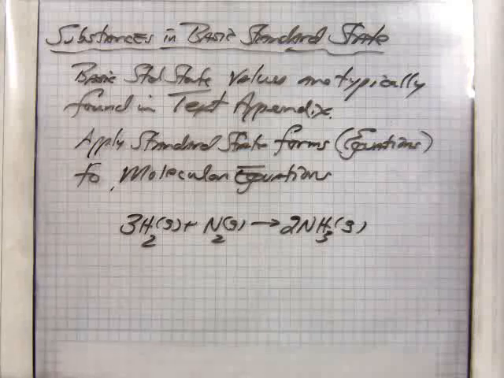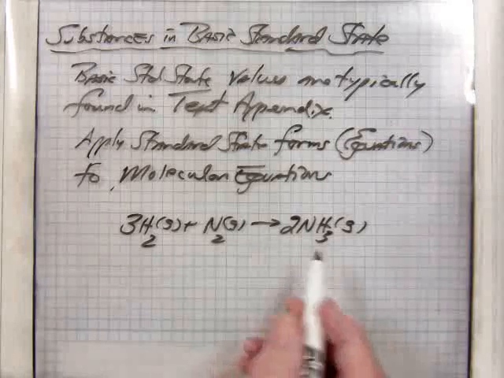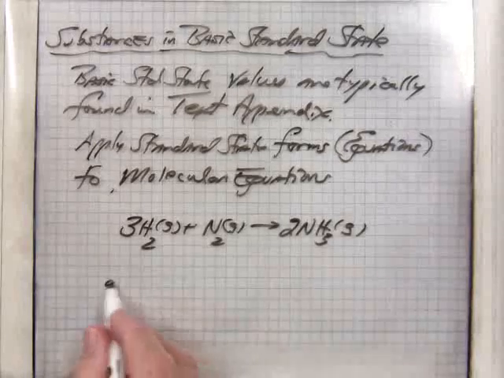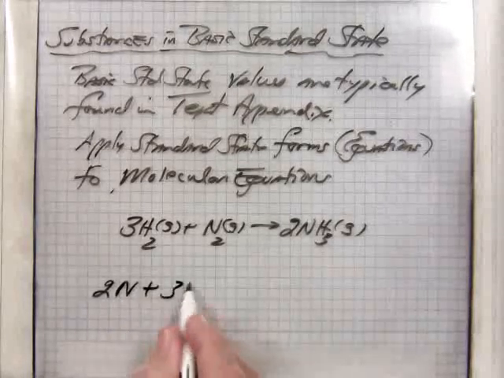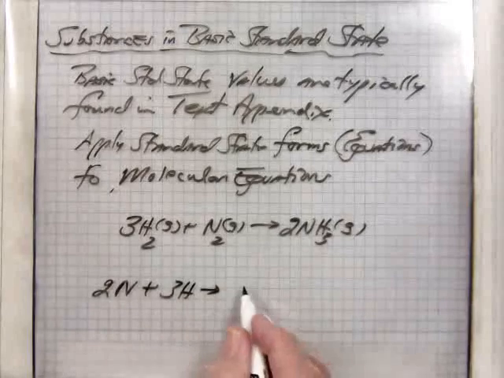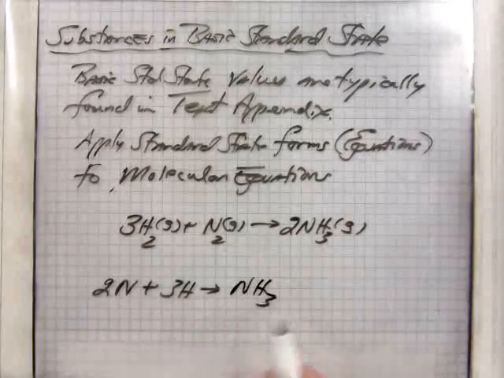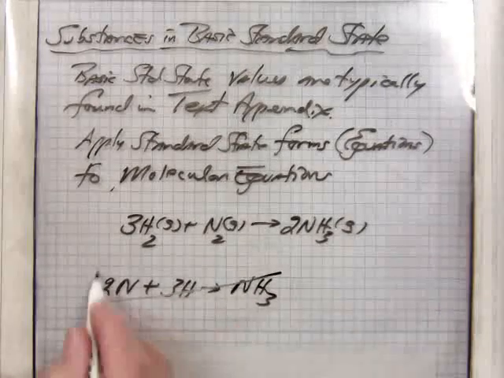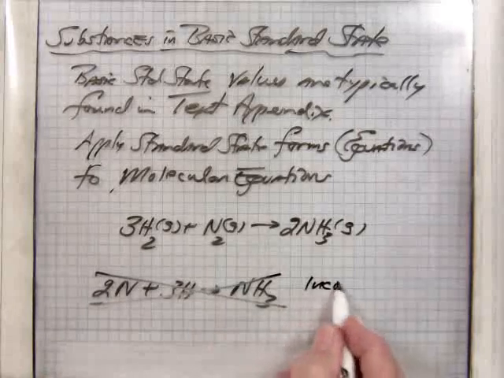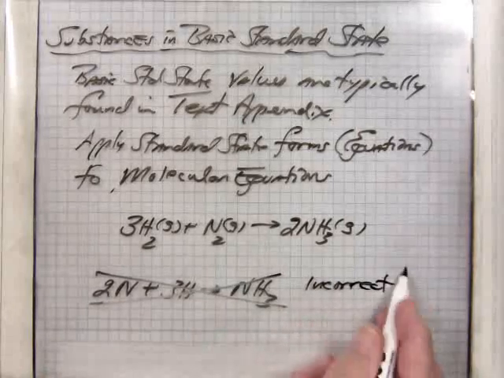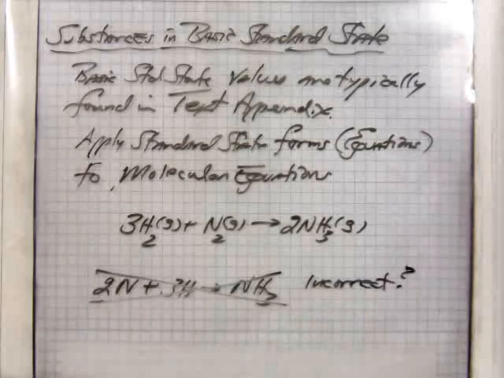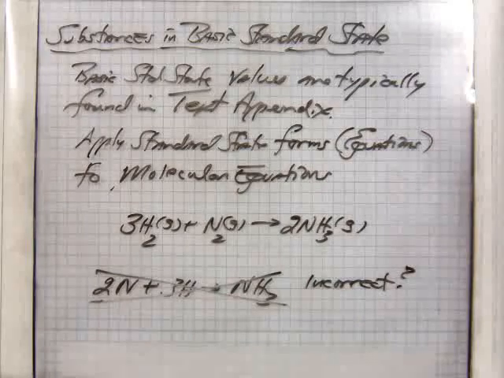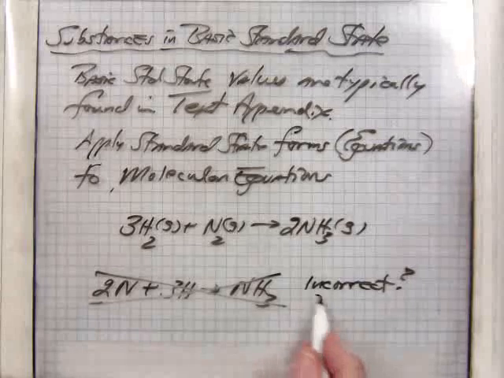The question is, why can't I simply write 2N plus 3H gives me NH3? Why is this incorrect? Because the substances involved in the reaction are not in basic standard state.